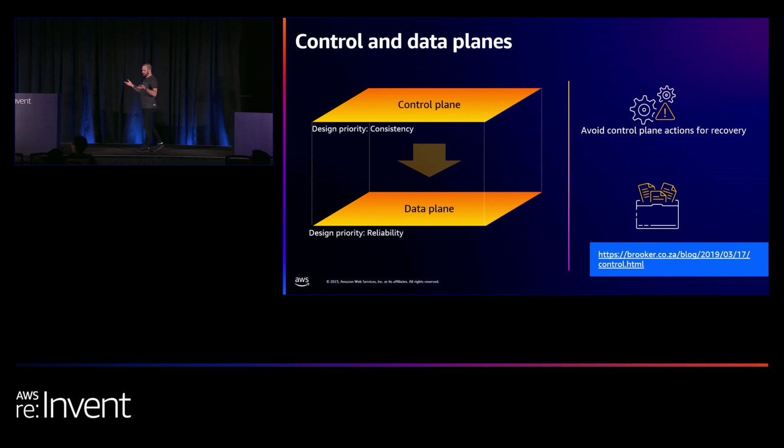We do this because control planes are typically more complicated. They have workflows, more databases, more business logic. And in an outage, what we want is to avoid using the control plane. So we make the data plane as simple as possible so that we can use resources that are already deployed without too much complexity, because in an outage, control planes will statistically have more issues. This is a very common design that we also have internally.